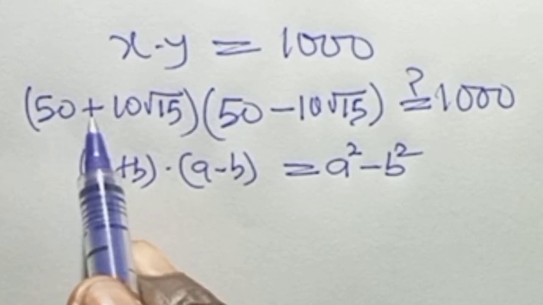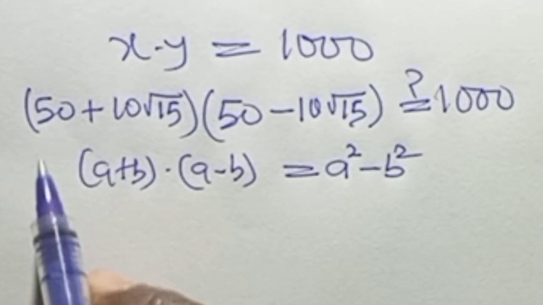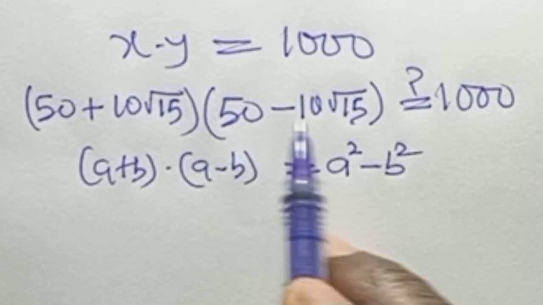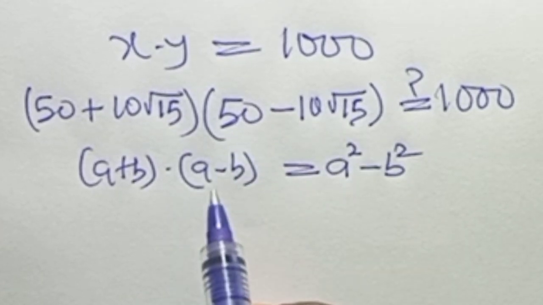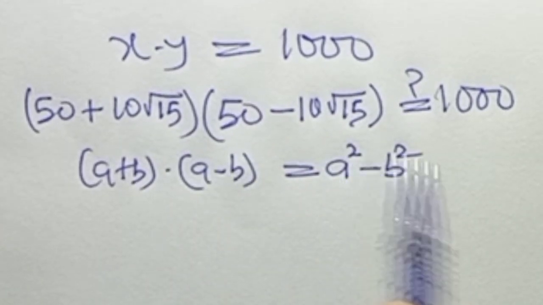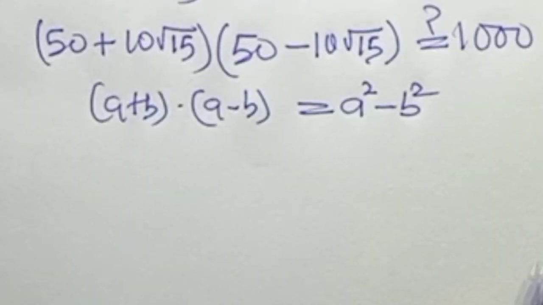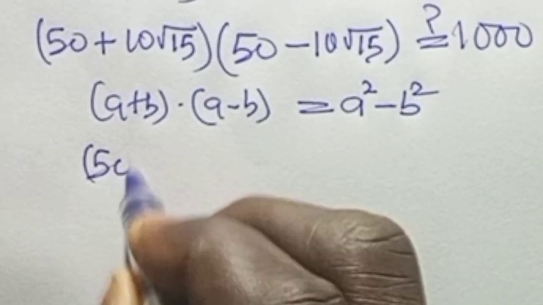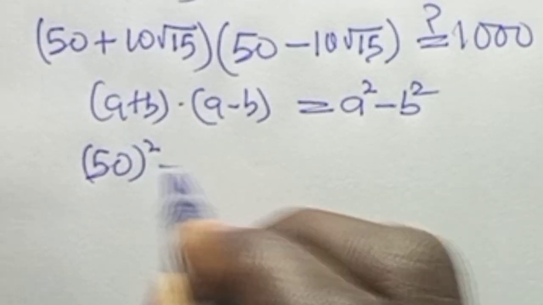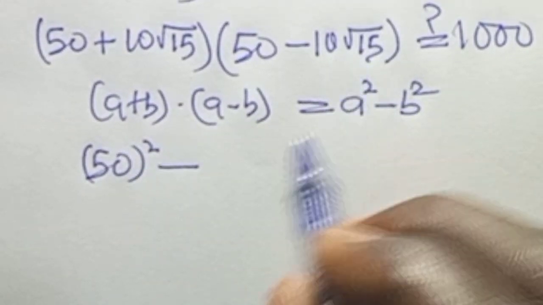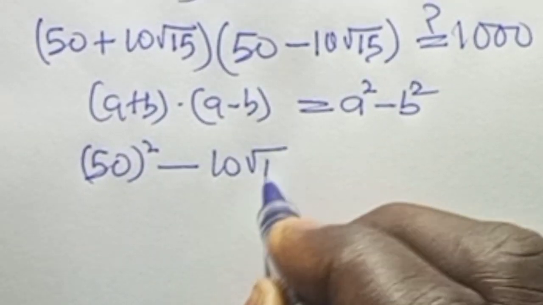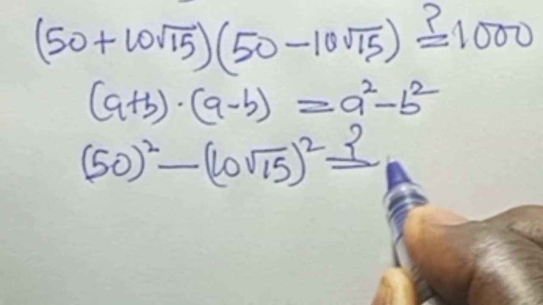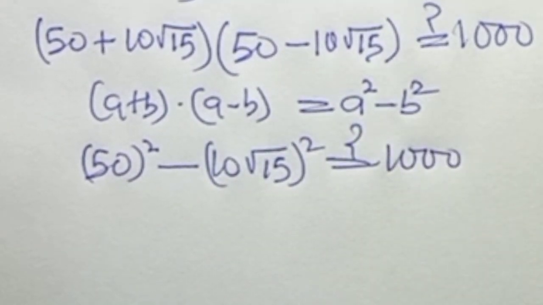And 50 plus 10 root 15 times 50 minus 10 root 15 is in this form. So we're going to replace it with this form. It will therefore become, since our a is 50, 50 raised to power 2 minus, and b is 10 root 15, squared. Will this be equal to 1000?